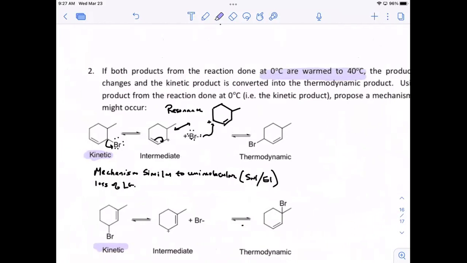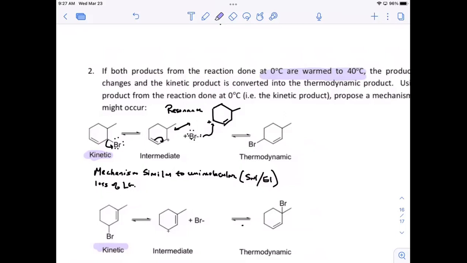If you think about doing this in a lab, and we're doing this reaction on this particular substrate, let's just say you set it up at -10, go to lunch and come back, but your cooling bath has warmed up to room temperature. More than likely, you're going to see a predominance of the 1,4 product.